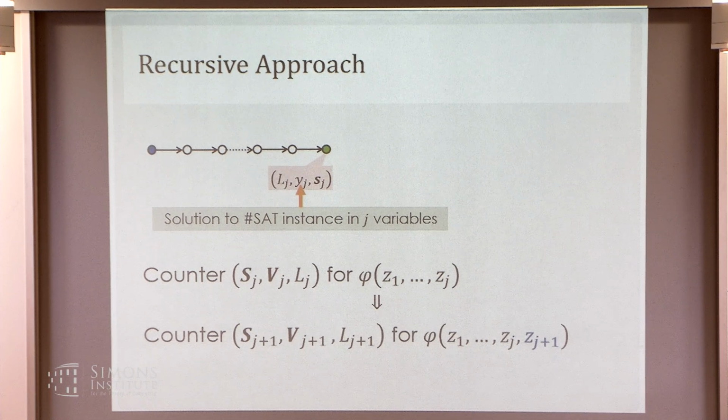Are these two different phis? Yes, these are two different phis. This is a phi that has j variables, and this is a formula that has j plus 1 variables. So using a counter that can count for formulas with j variables, I want to recursively build a counter for j plus 1 variables, a harder problem.